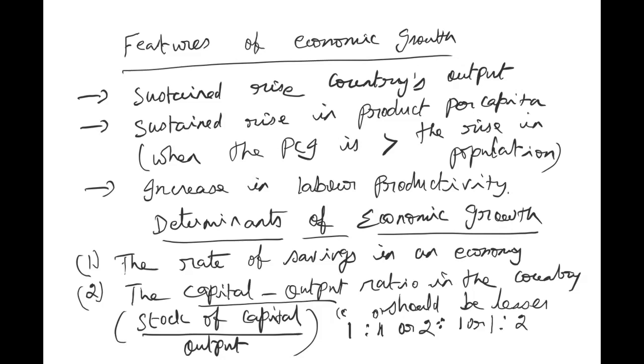So in all these cases, the last one is the better. So that's the reason capital output ratio should be lesser. That means the amount of capital required to produce 1 unit of output should keep on decreasing. Okay. So that is the second determinant.